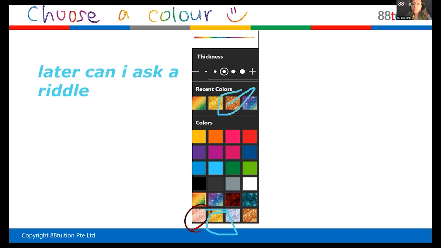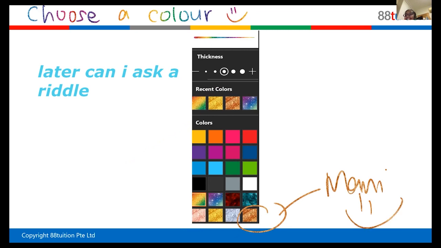Is it rose gold, silver, or brown? Oh, the brown one. The brown color. Okay, wait, let me hide this, and then I change my pen color to this. They were circling a lot of colors just now. I think she was trying to make me choose them.